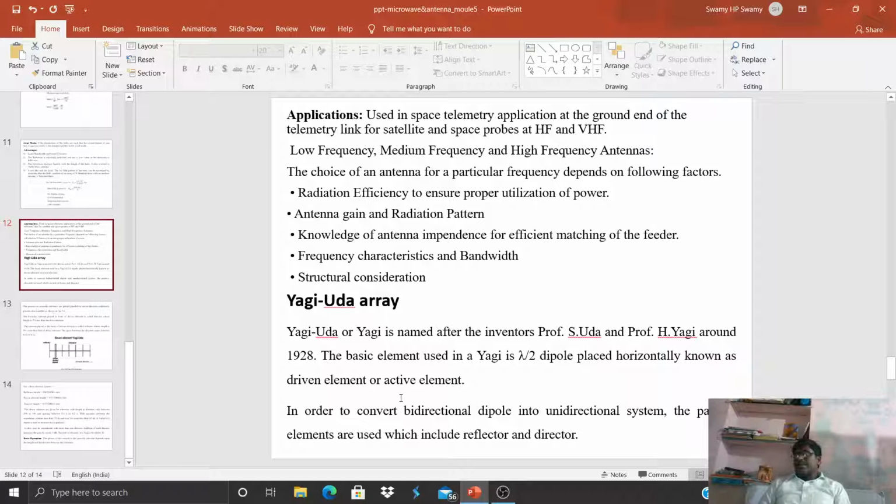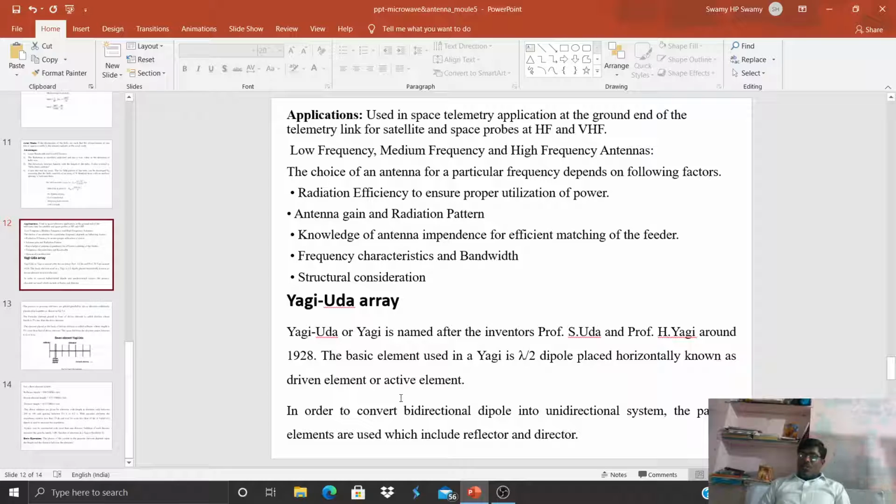The basic element in the Yagi-Uda antenna or Yagi array is a lambda by 2 dipole placed horizontally, known as the driven element or active element. A dipole antenna of length lambda by 2 is placed horizontally. It is known as the driven element or active element because through this dipole element the input power is supplied or the signal is applied.